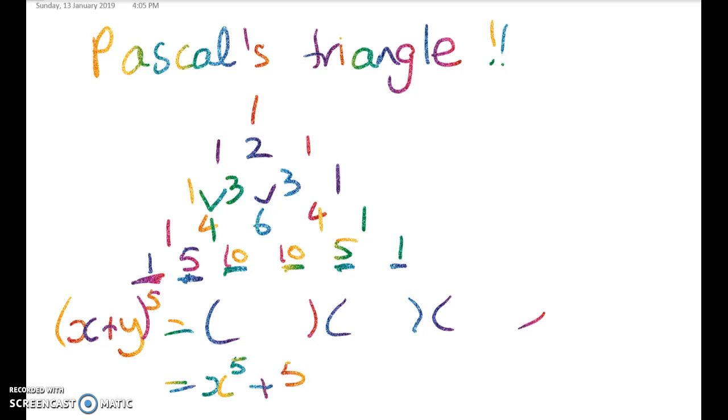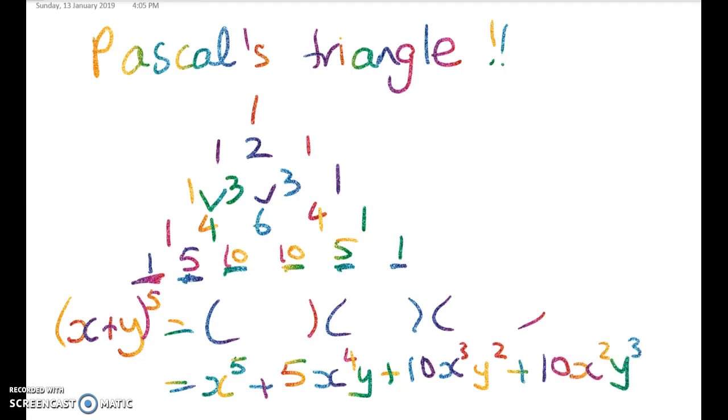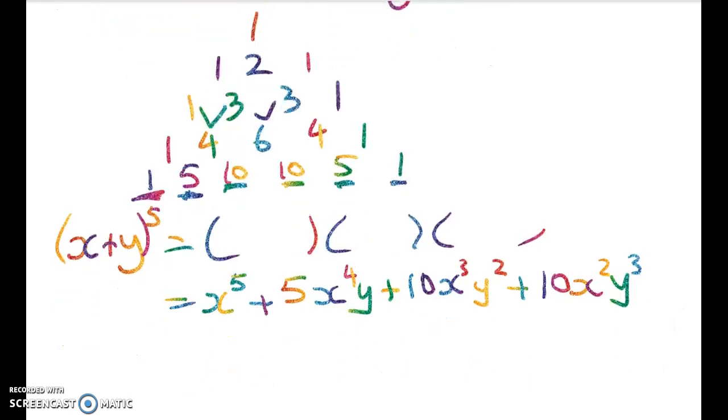Then we're going to have 5 ways to get 4 x's and 1 y. And we're going to have 10 ways to get 3 x's and 2 y's. And there's a really nice symmetry that you can see that lets us finish that off quickly.